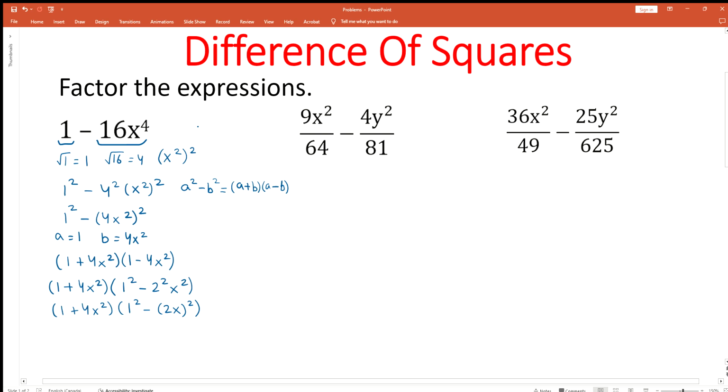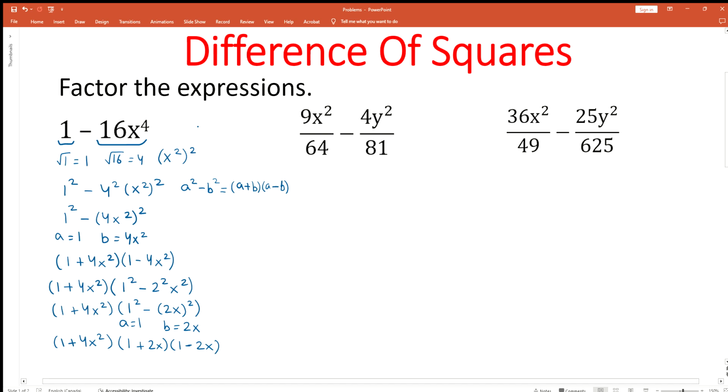In this expression, a is 1 and b is 2x. So we can write the factored form as shown. We cannot factor this expression any further, so this should be the final answer for the factored form of the given expression 1 minus 16x to the power 4.